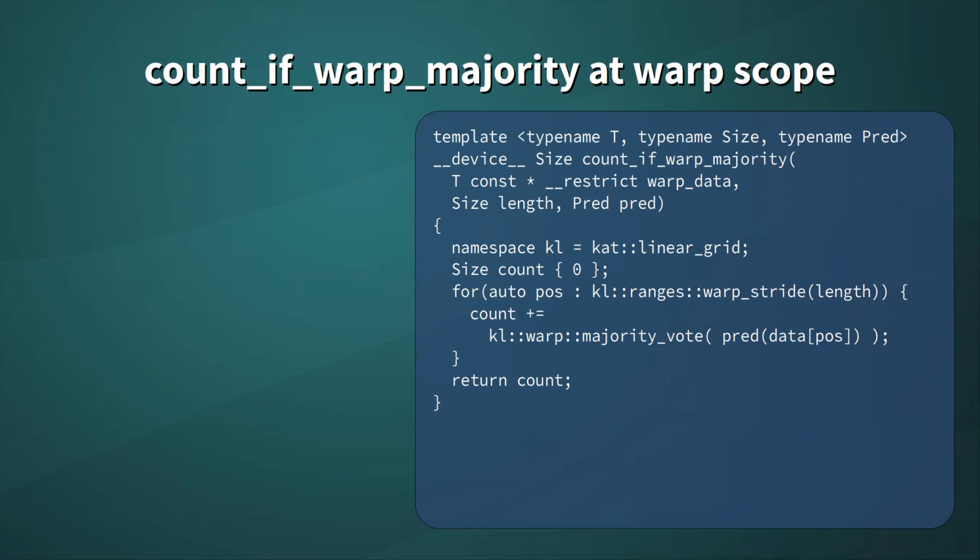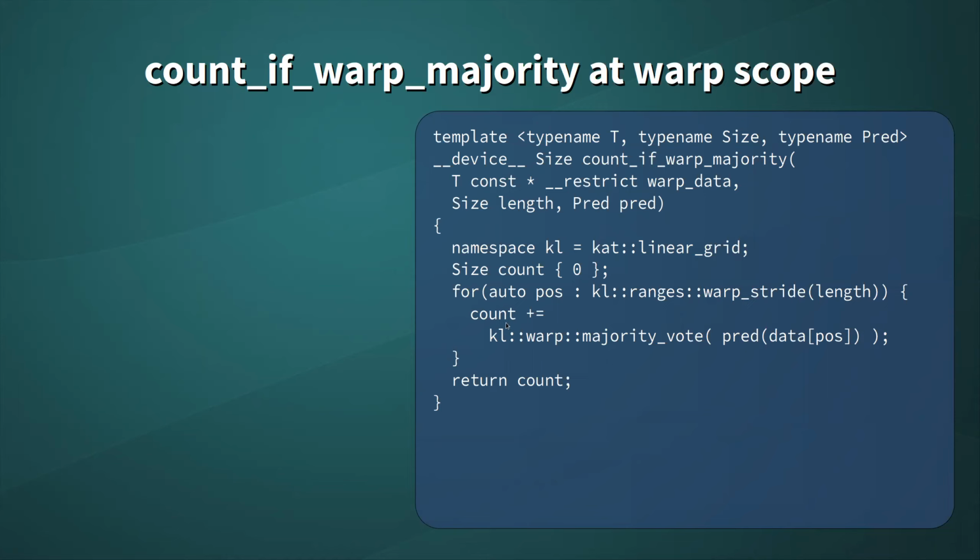And then you can count the number of bits. So use a population count on that, and then you can compare the result to half the size of the warp. And if you're at least half the size of the warp, that means that a majority of the warp elements agree, or rather, the majority is true, and otherwise the majority is false.